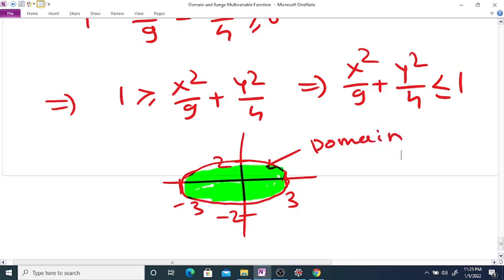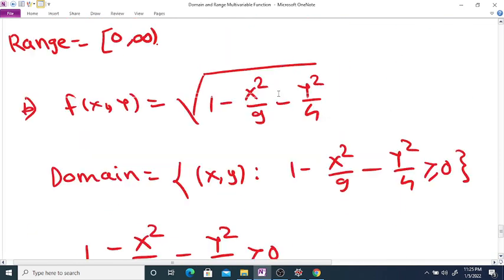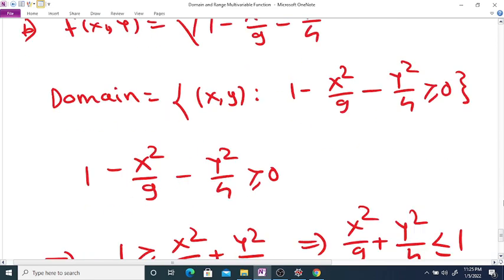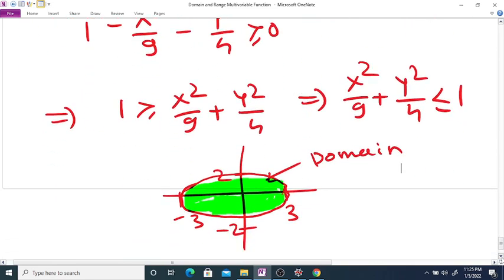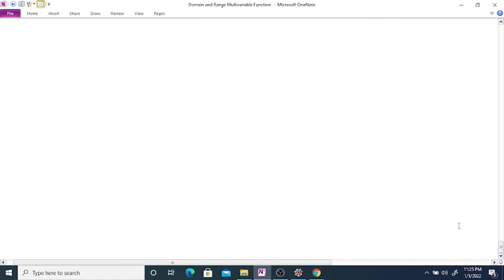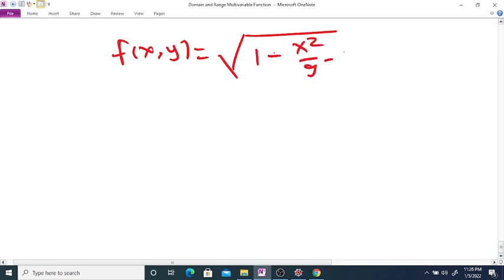Since it is a square root function, its range, again, you cannot find negative values. I am writing here one more time, f of x y is equal to square root of 1 minus x square by 9 minus y square by 4.